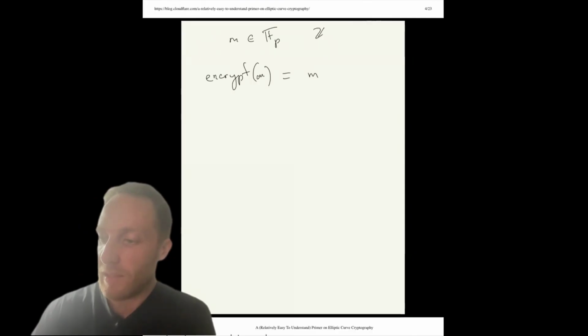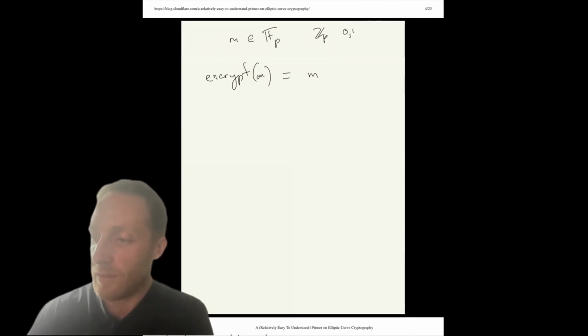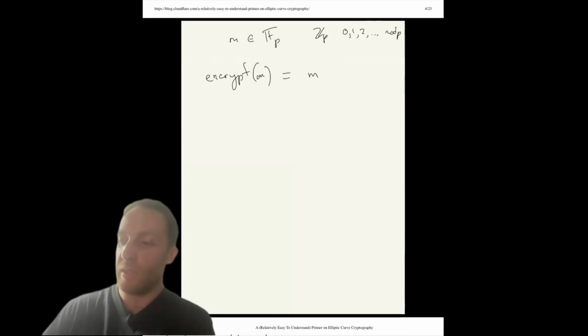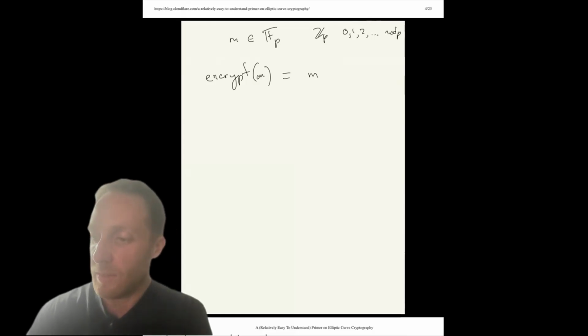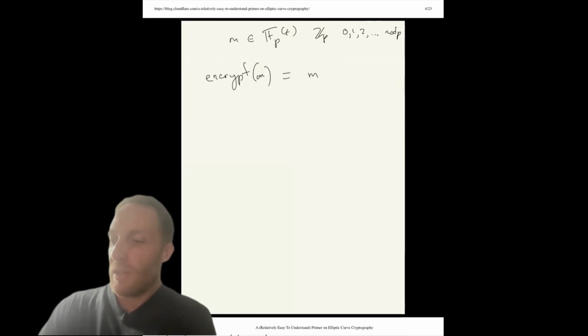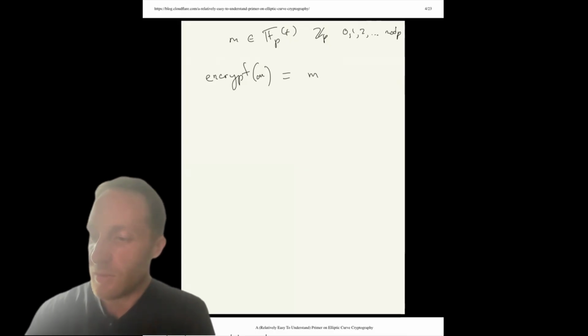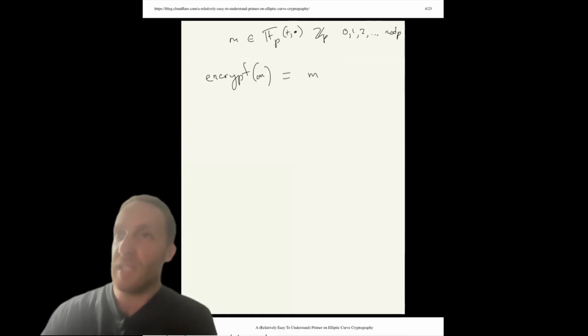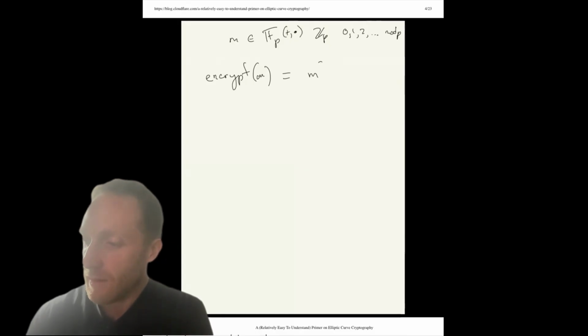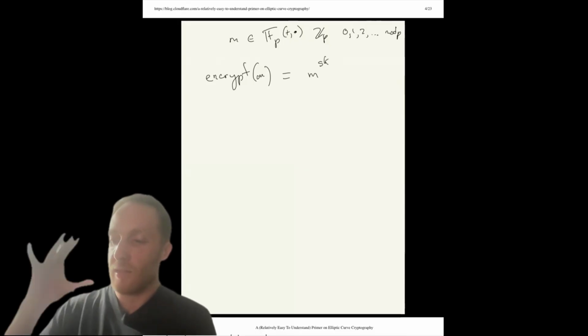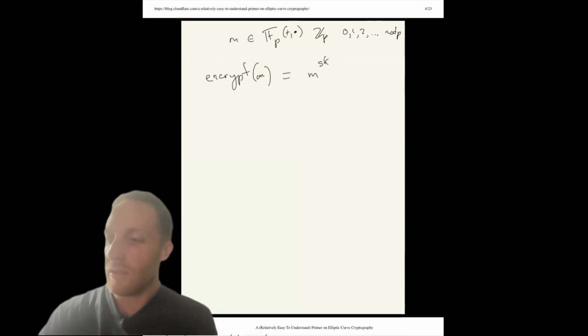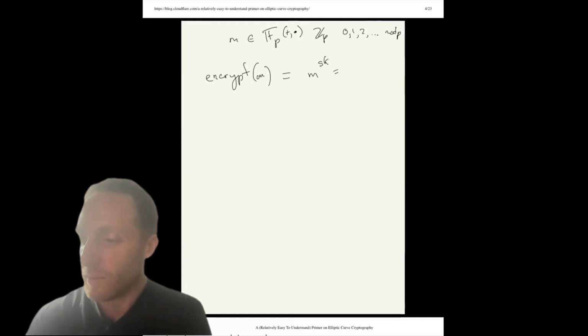So Z_p is just 0, 1, 2, mod p, with addition being the group structure. But wait, that's not true. Sorry, this is a field, so it has both plus and times. Anyway, you do m to the sk, sk being the secret key. This is your encryption here. The exponent again is just equal to m times m times and so on, sk times.